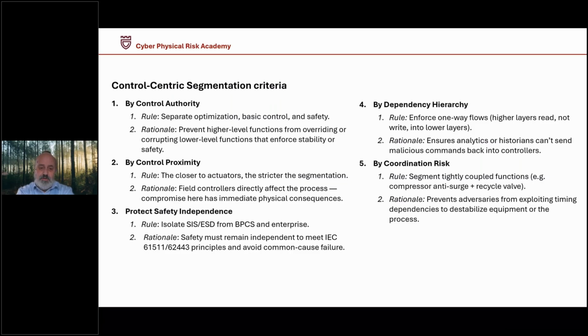Control-centric segmentation looks at different considerations to determine segmentation. Where asset-centric was using cybersecurity characteristics, control-centric segmentation uses control authority, control proximity, safety independence, that type of stuff, dependency, hierarchy, coordination, risk.